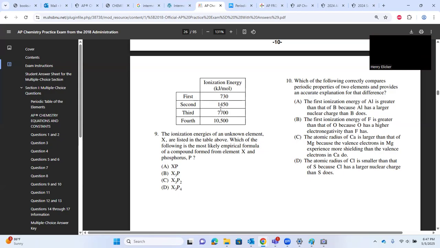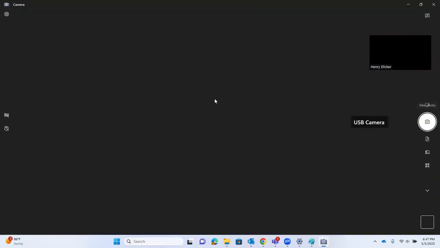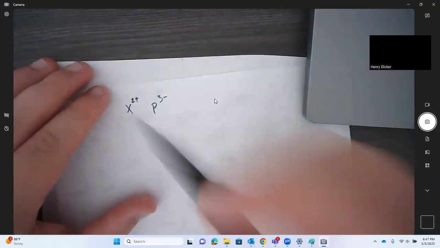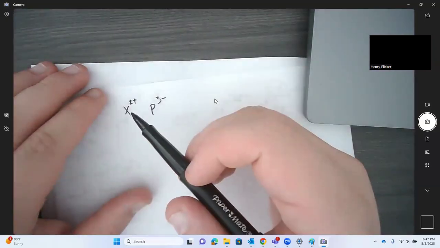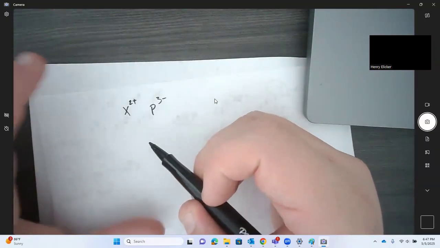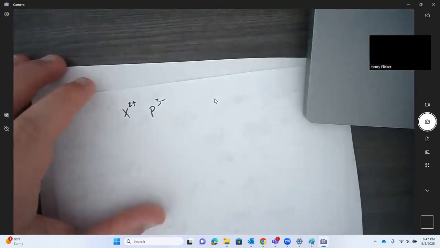it X2 plus. And then notice the biggest bump in energy is from the second to the third. You immediately go from 1450 to like 77000. It's a big jump, huge jump. That means that the second ionization energy, which is when it turns into X2 plus, is going to be the proper ionization energy before too much energy is required.